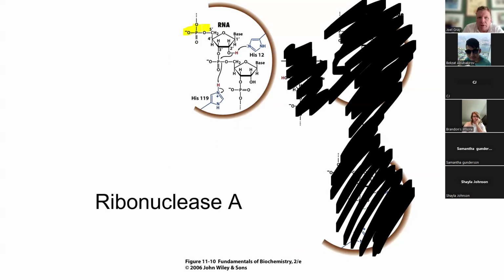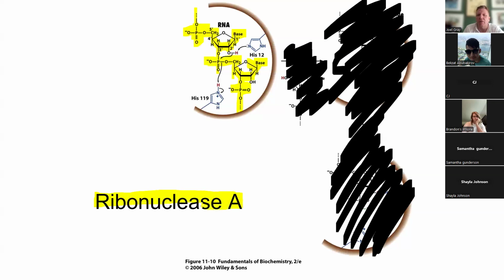So I'm starting right here in this phosphate group. Then I've got my 5' carbon, 4', 3', 2', 1' nitrogenous base. Then I've got a phosphodiester linkage between my 3' and 5' of my two different sugars. There we go. And the enzyme here is ribonuclease A.